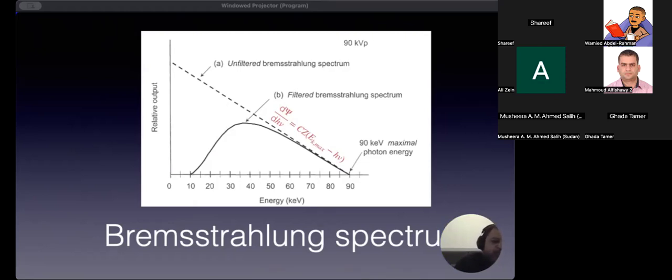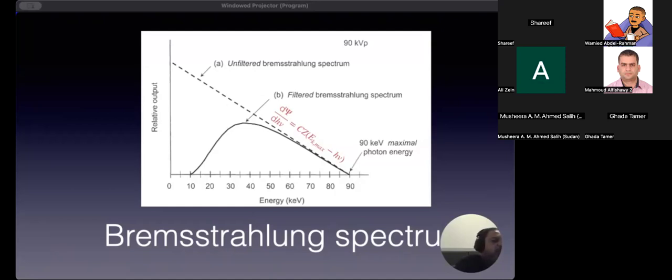Now, in reality, when we have a thick target, although we actually have these low energy photons being produced in the target, these photons will be absorbed again by the target. They cannot leave the target. They are such low energy photons that they will be absorbed in the target. And if we conduct a measurement of these Bremsstrahlung photons, it will not follow this straight line.